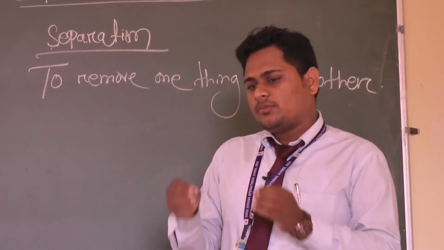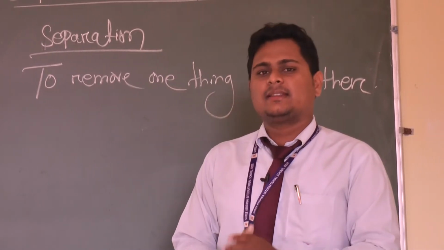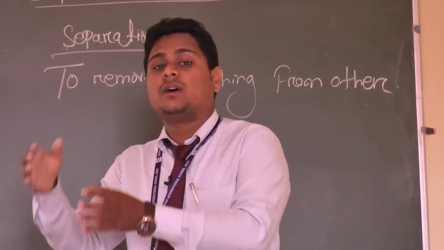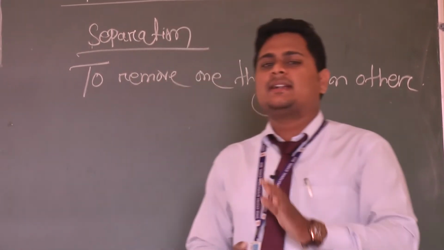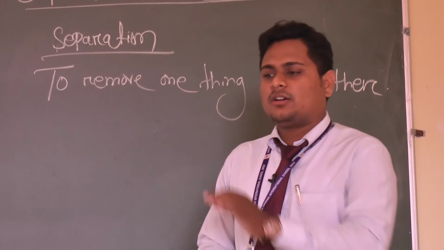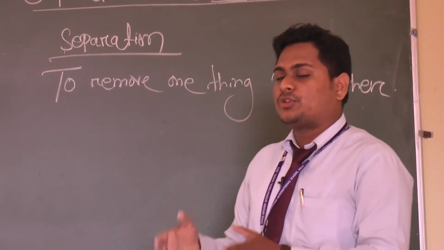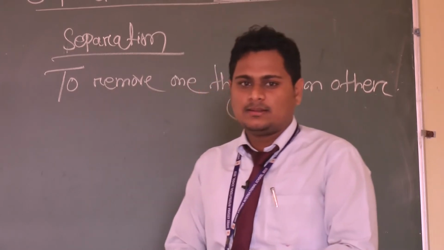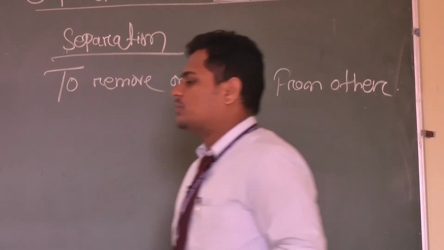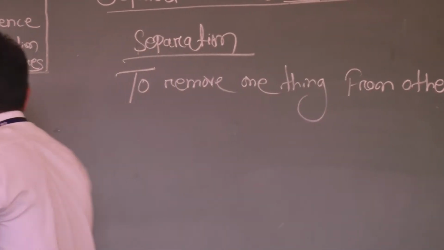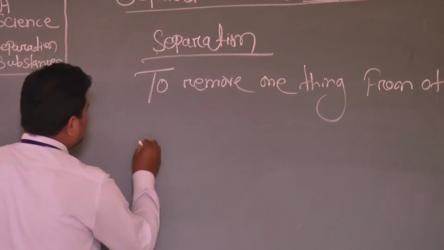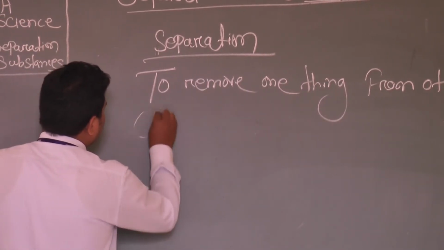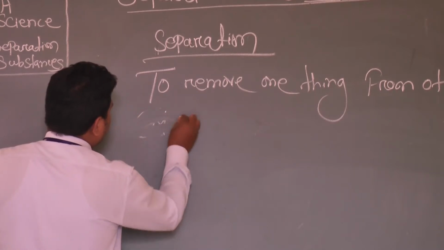If some solid particles are dissolved in water or not dissolved in water, can we get those solid particles by the process which helps to separate solid particles from solid particles? Okay, that's not possible. So for a solution or mixture, there are two types of substance. One is component, another is mixture.